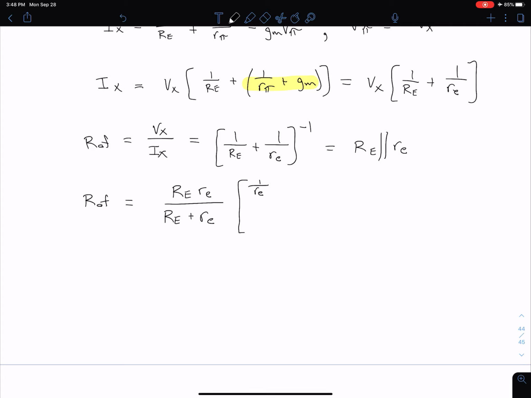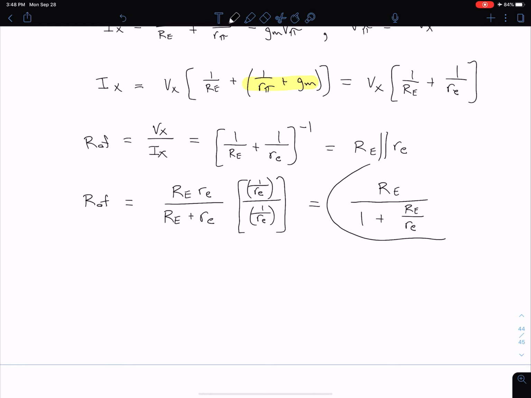So I'm going to divide both of these by 1 over r sub e, and of course this term in the brackets here is just a special form of 1, so it's not changing the relationship. And so what we see then is that we have R sub e divided by 1 plus R sub e, our emitter resistance, divided by lowercase r sub e.